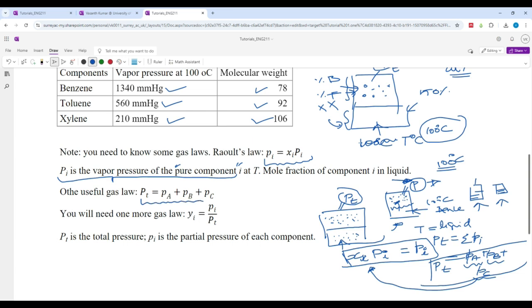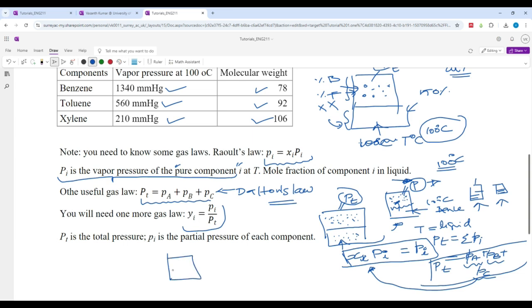This is a simple expression, something we call Dalton's law. And this is another version of Dalton's law. So what is this? The mole fraction of component i.